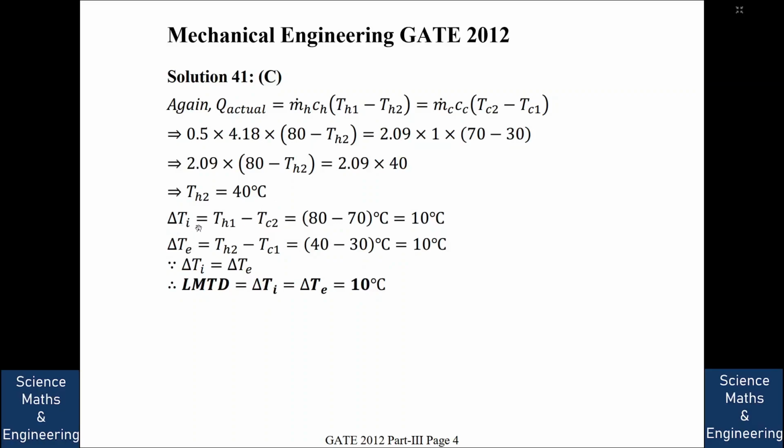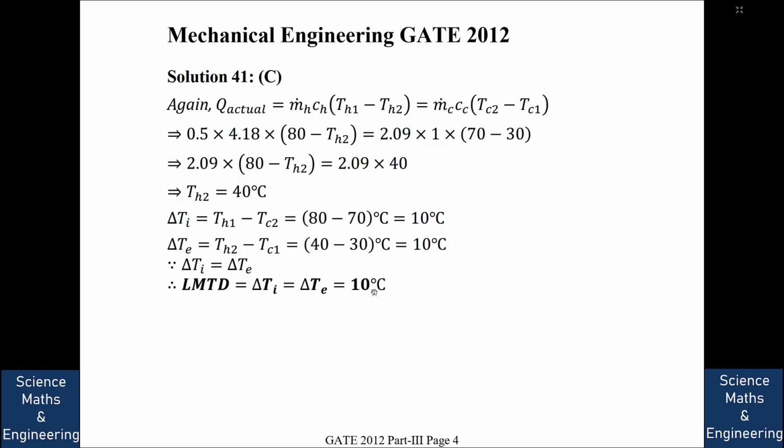Now delta T at inlet would be Th1 minus Tc2, that is 10 degrees centigrade, and delta T at exit is Th2 minus Tc1, that is again 10 degrees centigrade. Since these two are equal, the log mean temperature difference is 10 degrees centigrade.